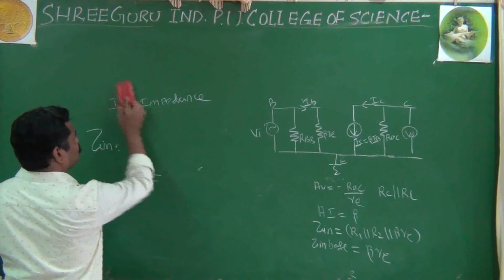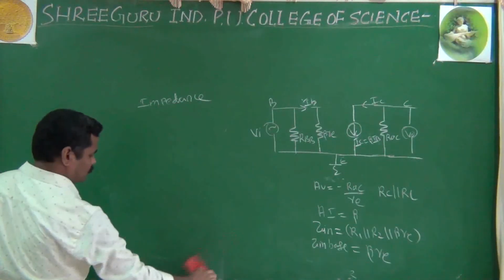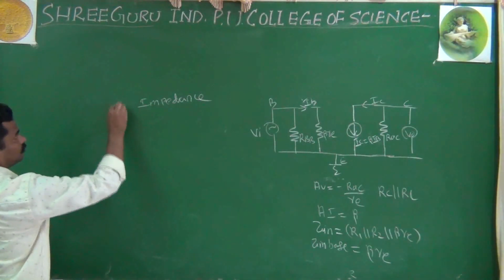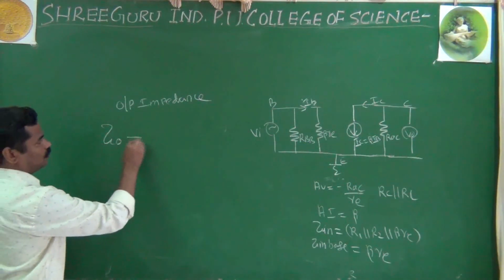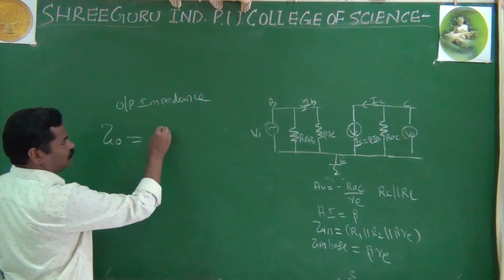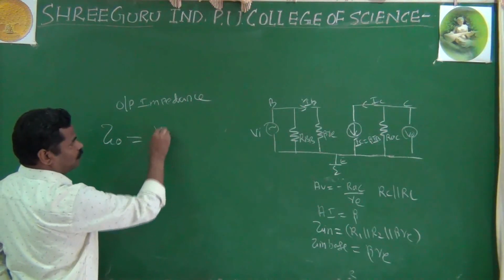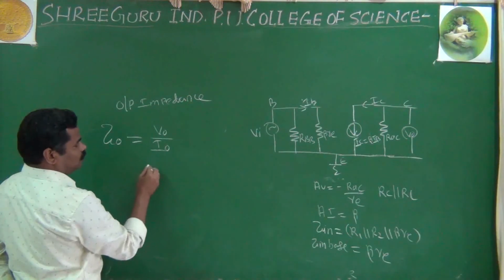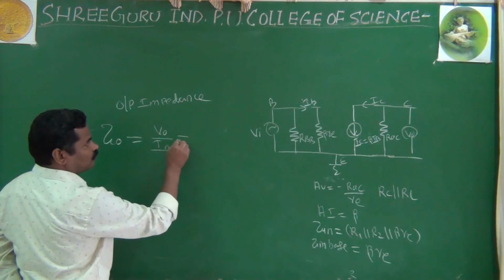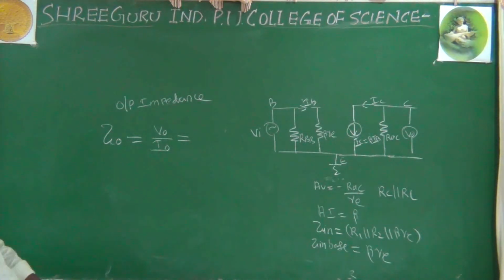What is output impedance? Same, Z0 equals V0 by I0. What do you write for V0?